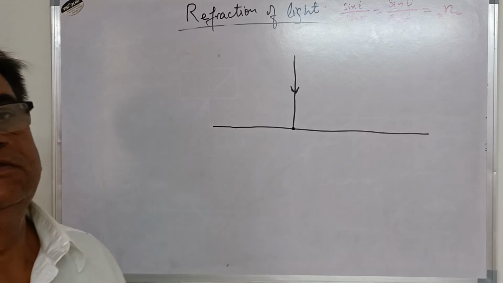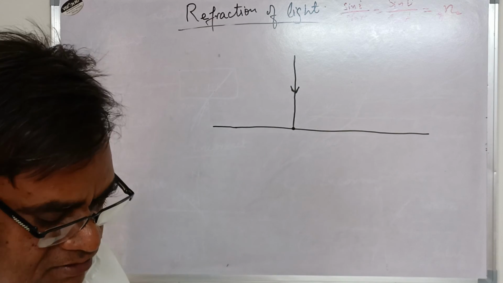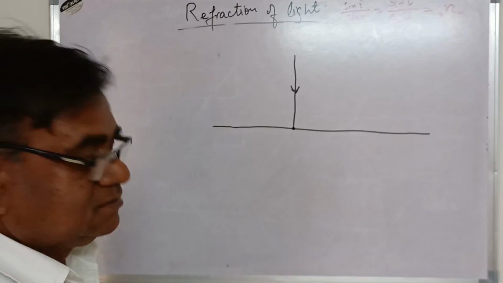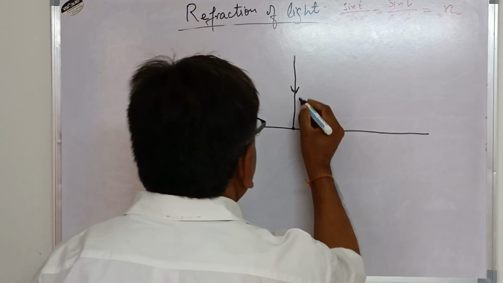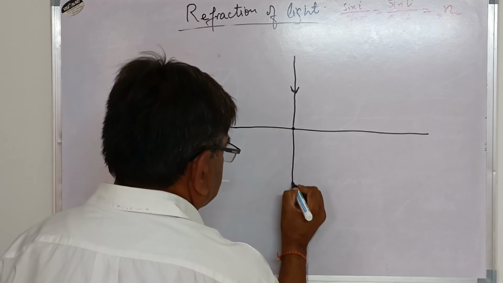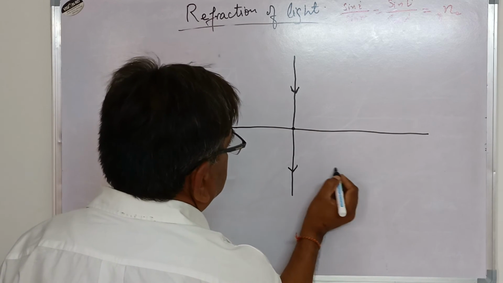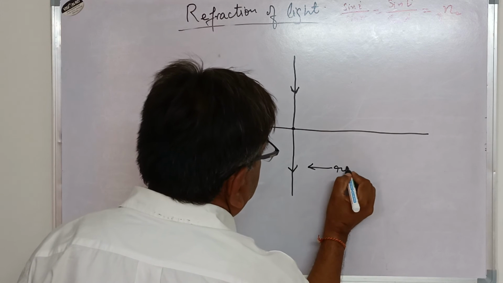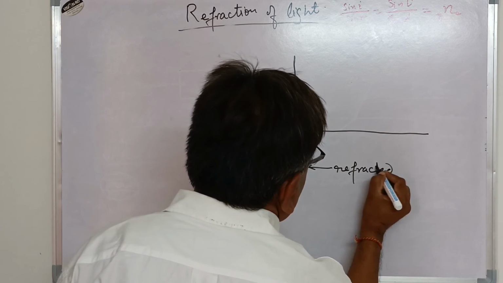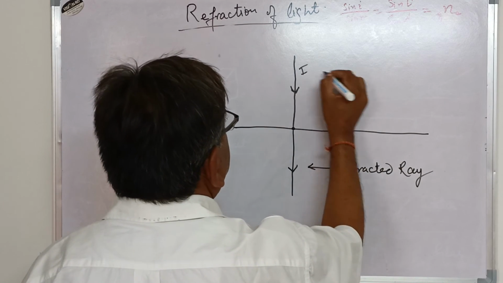Think carefully. What is the law of refraction? Since it strikes normally, it will pass normally. This is the refracted ray, and this one is the incident ray.